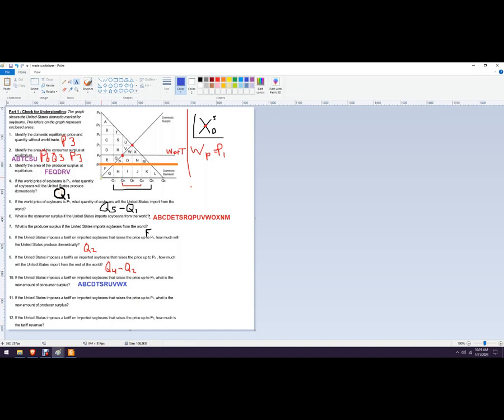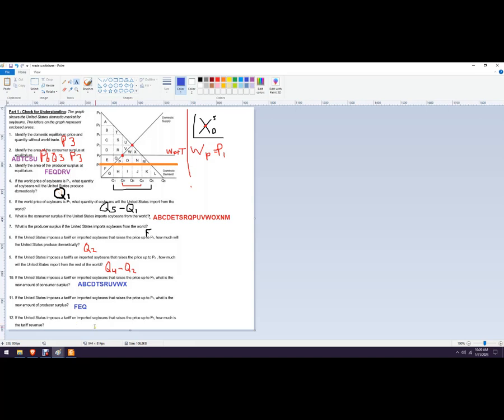The producer surplus is now going to go from here up to here and over to here. That is FEQ.